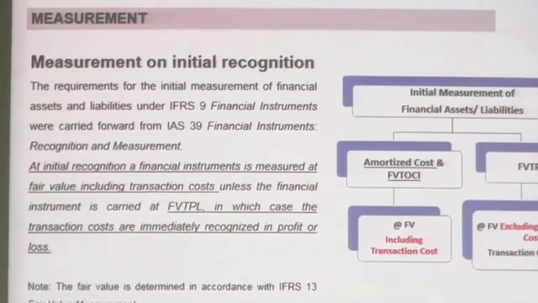What about the transaction cost? This is the accounting for transaction cost. All financial assets and financial liabilities, that is financial instrument, divided into two categories: amortized cost and fair value through OCI in one basket, fair value through P&L in other basket.